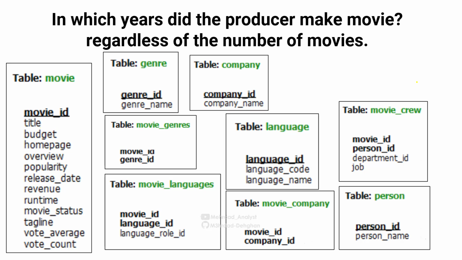For example, if we have 20 movies in 1995, we just have one record for 1995, and even if we have just one movie in 2020, we show one record for 2020. So again, we need the table movie, and we just need the release date. Just this. So let's answer these questions in SQL.